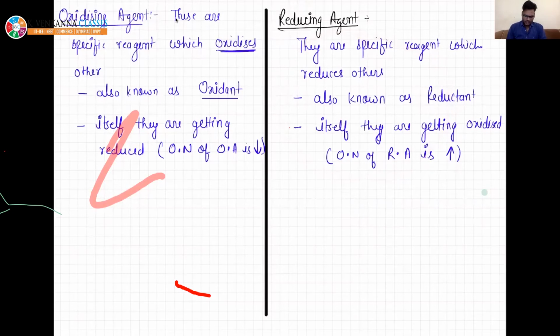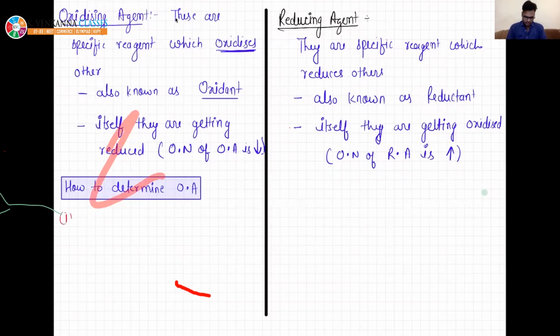How to determine an oxidizing agent? This is very important, because you are very new, but with time you will learn some. If you see a compound, you will identify that yes, this is an oxidizing agent.